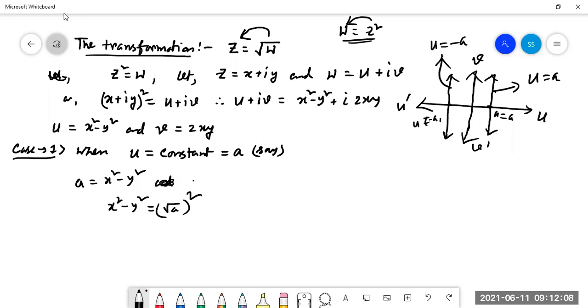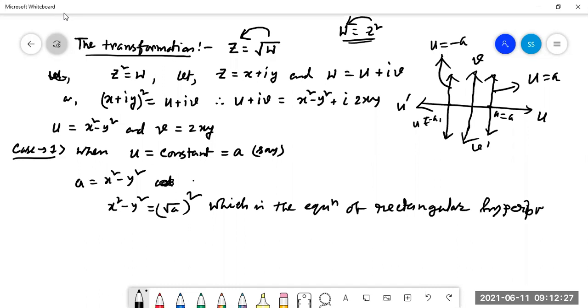It is nothing but a rectangular hyperbola. Right, this is the equation of a rectangular hyperbola. So that is when U equal to constant.